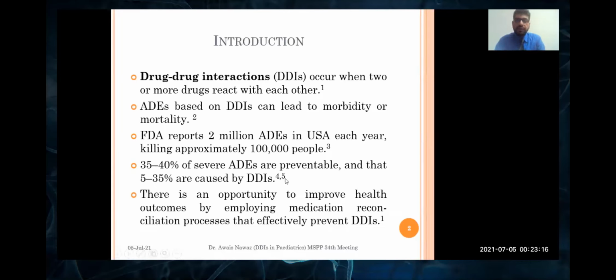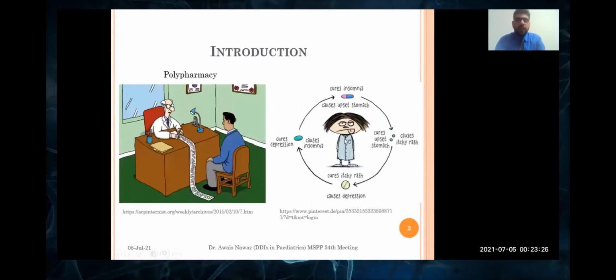We believe that there is an opportunity to improve health outcomes by employing a medication reconciliation process that effectively prevents these drug-drug interactions. We also believe that among many reasons, polypharmacy is a big reason for these drug-drug interactions. And why do we have polypharmacy among patients?